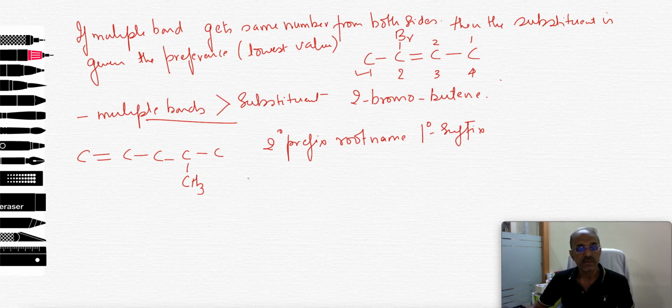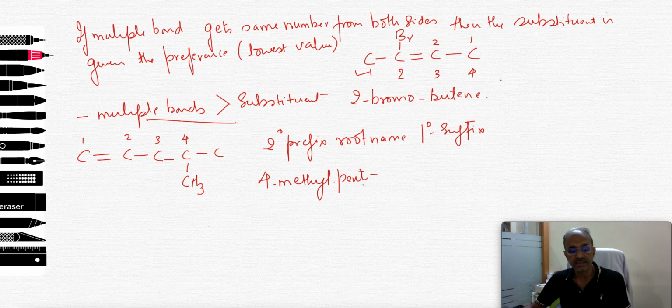Now, it will be 1, 2, 3, 4. It will be 4 methyl pent 1 ene.